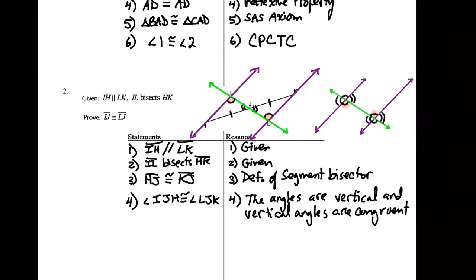So I can now say that angle HIJ is congruent to angle KLJ, and that's because, it's a lengthy reason, but if two parallel lines are cut by a transversal, the alternate interior angles are congruent.